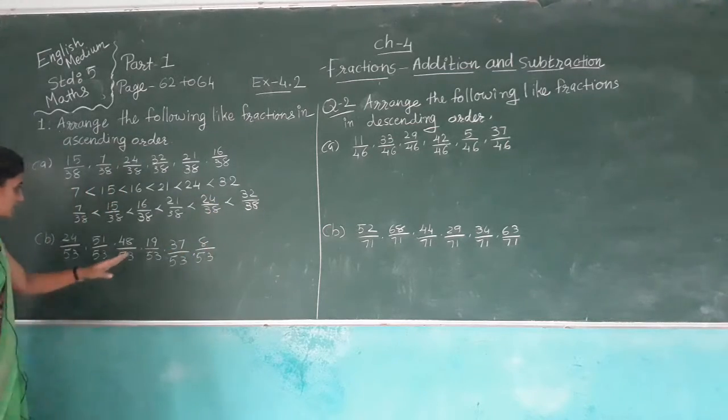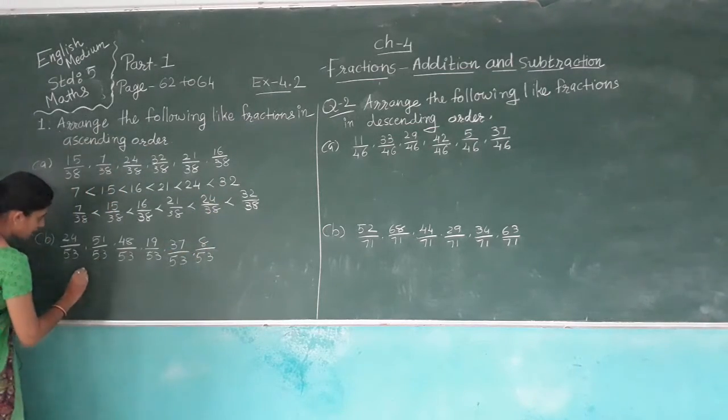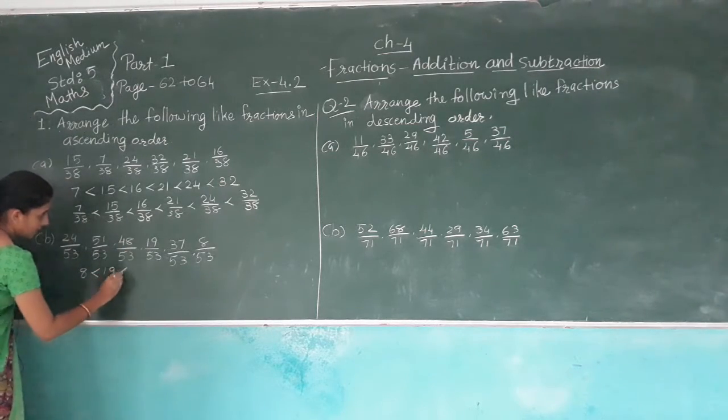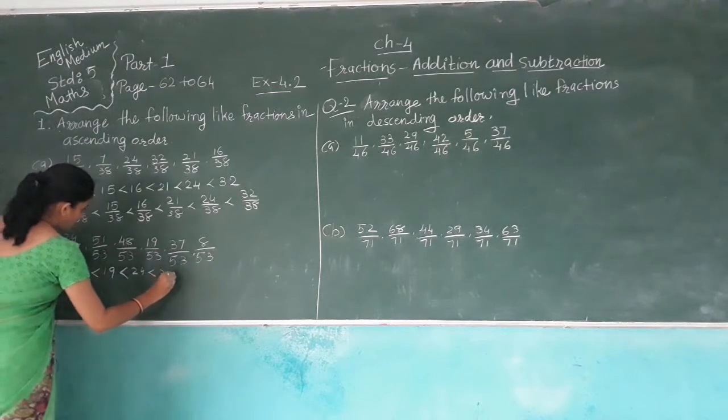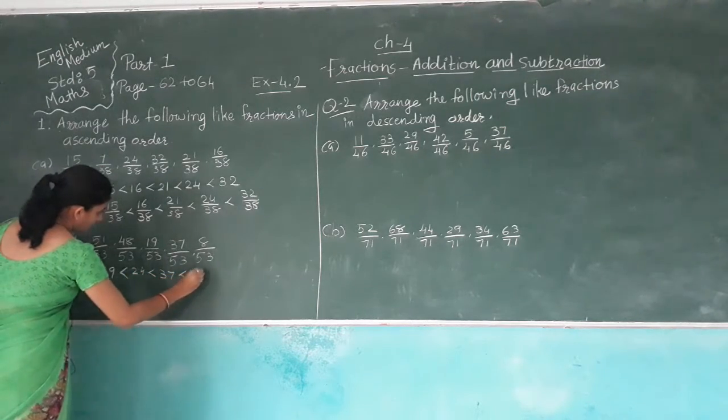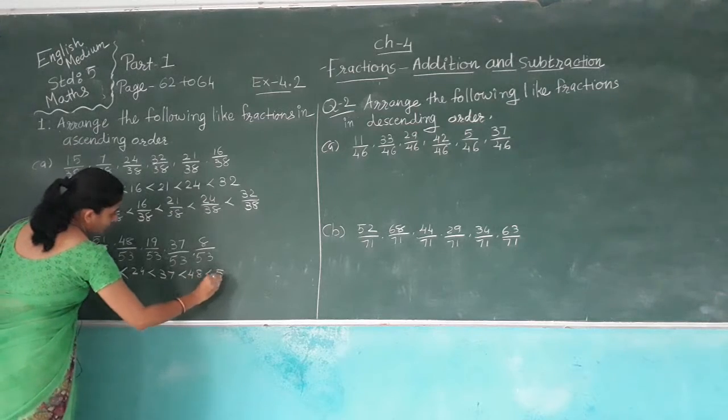Same way, first we find the smaller number here. In both, 8, then 19, then 24, then 37, then 48, last one is 51.